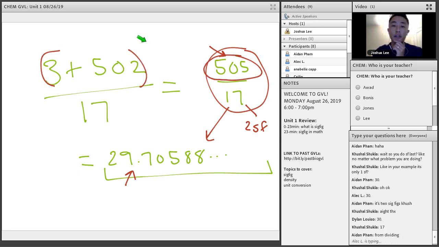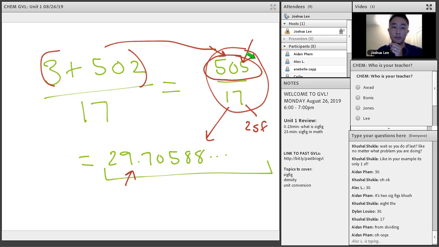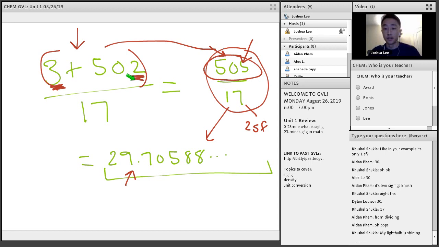To figure out the sig figs of the 505, I had to figure it out based on this. Now the 3 plus the 502, this one ends in the ones place, and this one ends in the ones place. That means my answer for the addition part has to end in the ones place. So now we know this 505 actually has 3 sig figs.